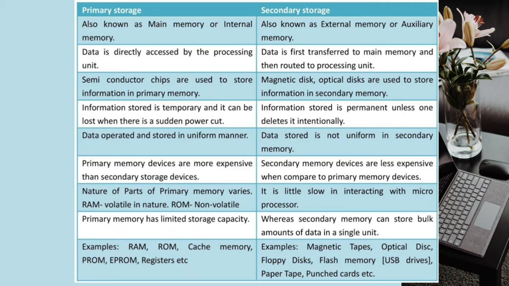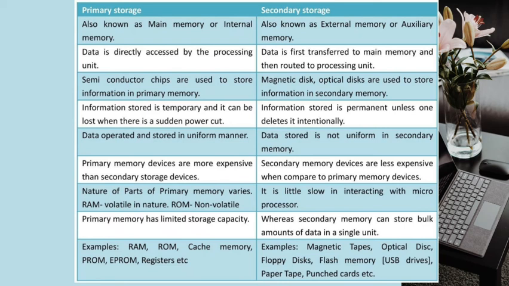It means primary memory stores data temporarily, while secondary memory stores data permanently. Primary memory contains programs that are currently used by the microprocessor, while secondary memory is used for bulk storage. Of course, primary memory is faster than secondary memory.